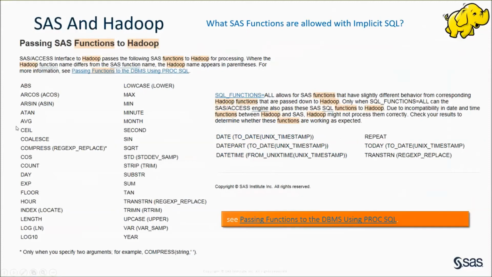So these are all accepted functions. You need to reference this list to make sure that your SQL query, if you're writing implicit SQL, passes that code down into the database. And of course, if you run a little test on it, you'll get a result back, and it'll let you know in the log if it ran in database or if it sent the query back over to SAS for processing.